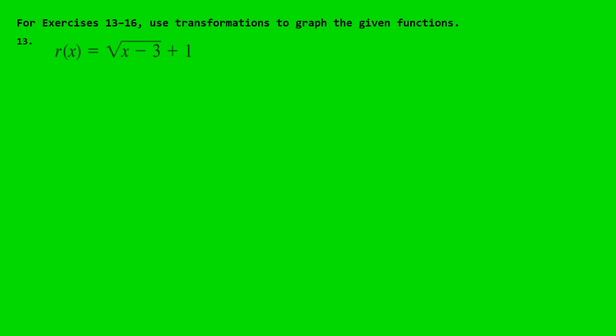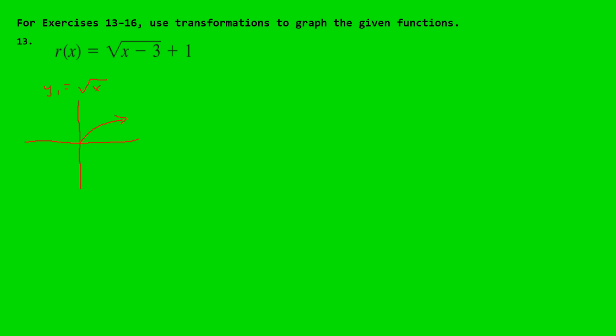Now the transformations. Okay, this one's going to be a 3-stager. Stage 1 is going to be the graph of the parent function, as stage 1 always is. And that's going to be y1 equals square root of x, which looks like that.